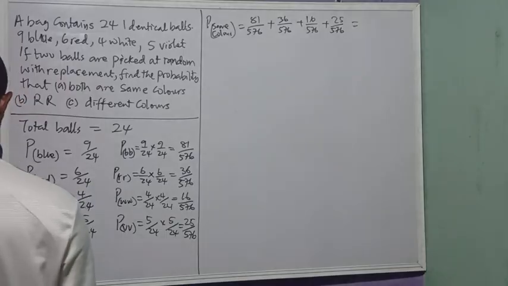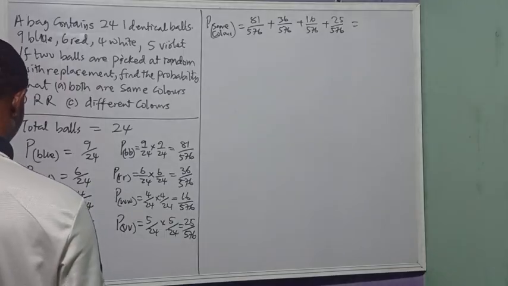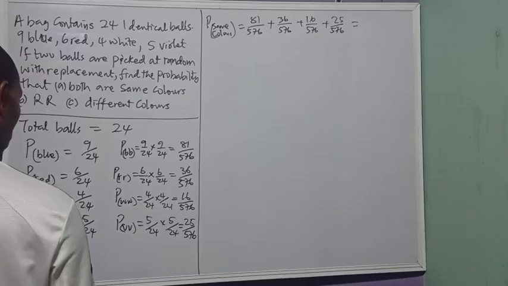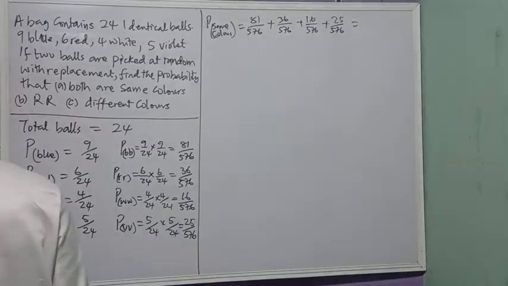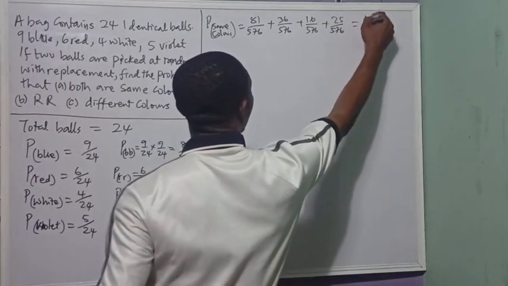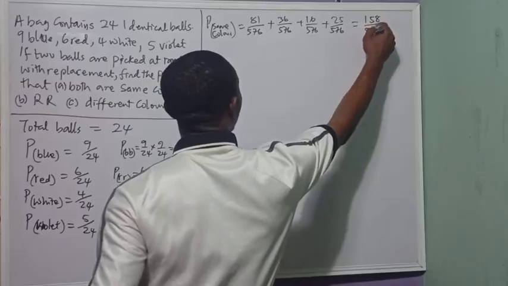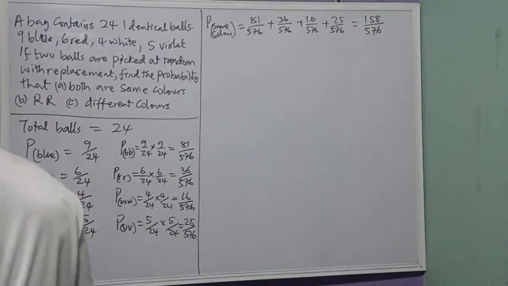This will be 81 plus 36 plus 16 plus 25. That gives us 158. So this gives us 158/576.